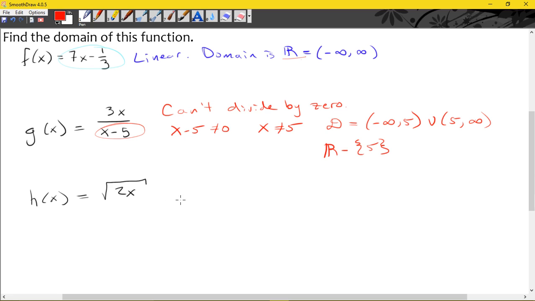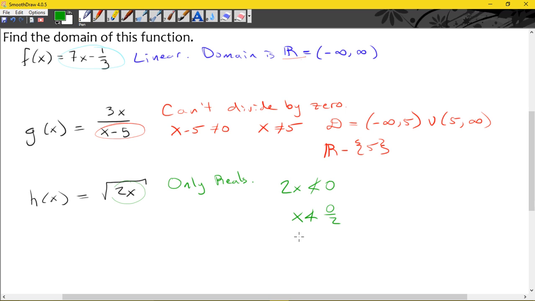Okay, what's happening over here in this third example? In this third example, we have a square root. And if we restrict ourselves to real valued solutions, which a lot of times we want to, that means that 2x cannot be less than 0, which means that x cannot be less than 0 divided by 2.